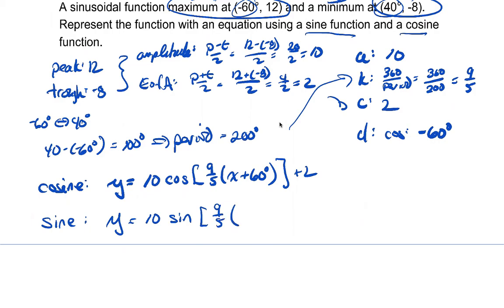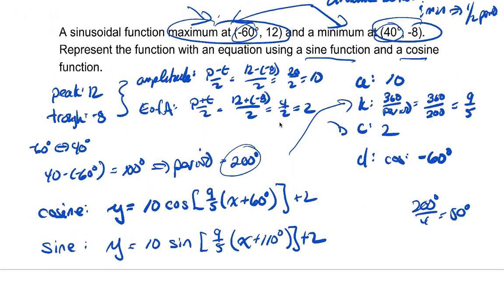While we're shifting this 1/4 to the left, our period here is 200 degrees. So we're going to shift this 1/4. What's 1/4 of 200? So 200 degrees divided by 4 is 50 degrees. We shifted to the left so that we can say that this is going to be the same thing as x plus 110 degrees plus 2. So there's our equation for sine and cosine given that information.